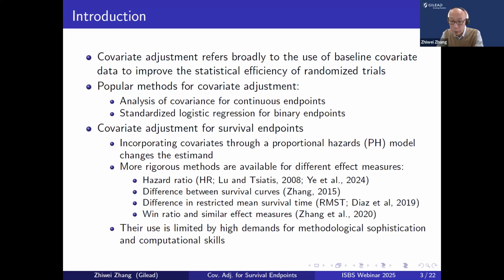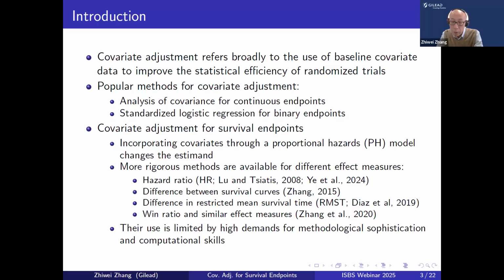For survival endpoints, there seems to be no clear consensus on what is the preferred method for covariate adjustment. It may be tempting to incorporate covariates through a proportional hazards model. However, this practice changes the estimate from a marginal hazard ratio into a conditional hazard ratio, which is generally different due to non-collapsibility.